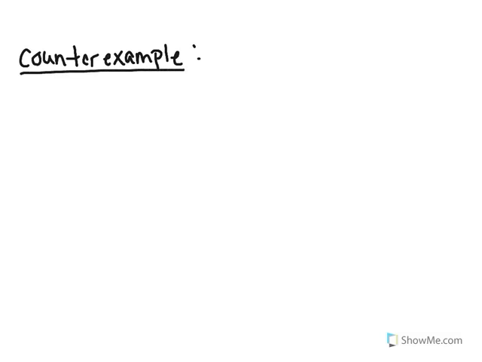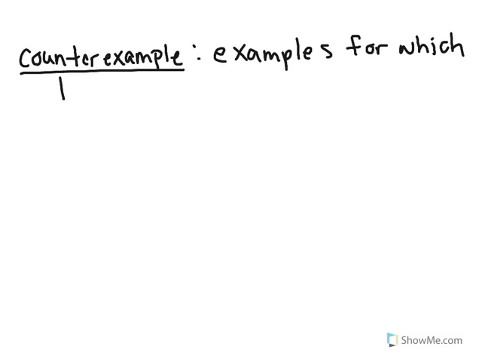Counterexamples are really important in mathematics for proofs and for proving a point. So counterexamples are examples for which the conjecture, which is a conclusion, is incorrect.